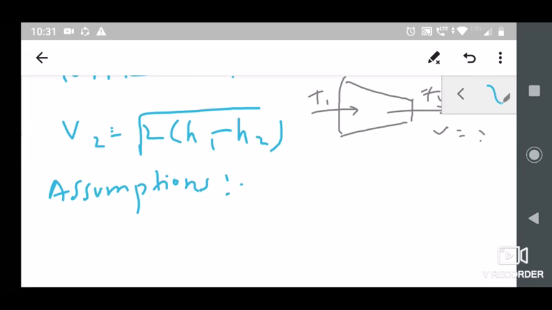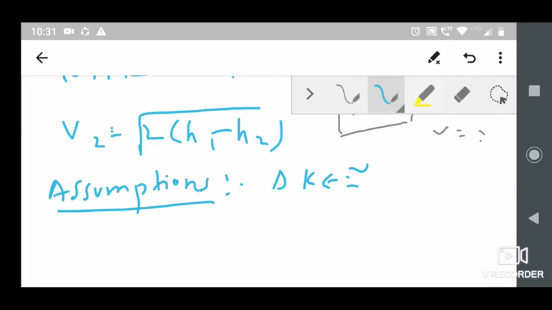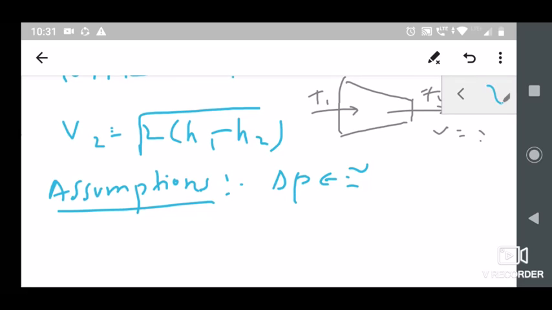Assumptions: we are going to neglect the kinetic energy changes, sorry, not the kinetic energy changes of the exit. We neglect the potential energy changes. The other assumptions are steady flow and uniform flow. And V1, the initial velocity, is neglected.